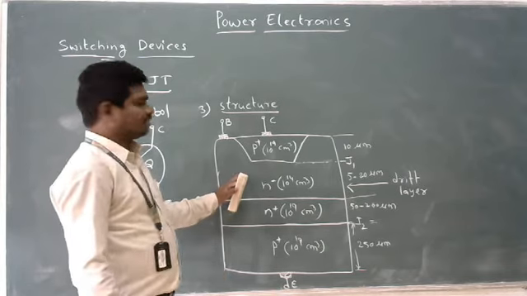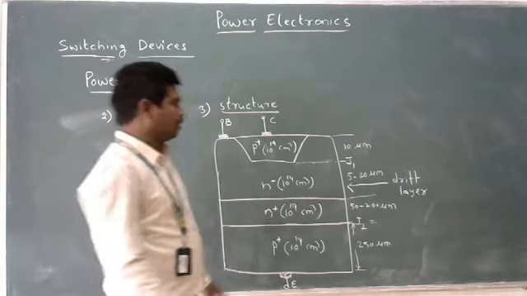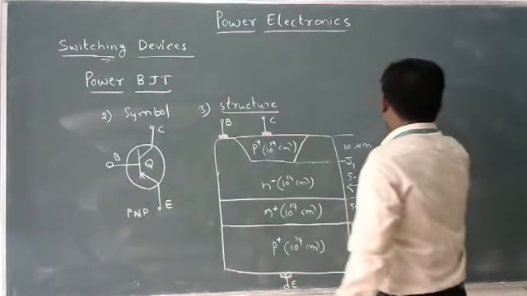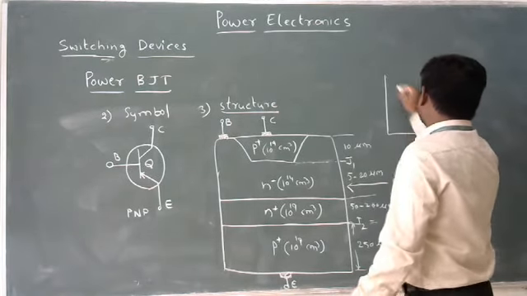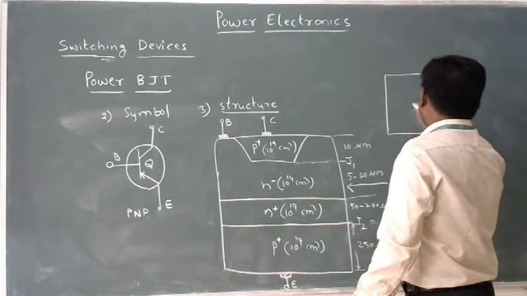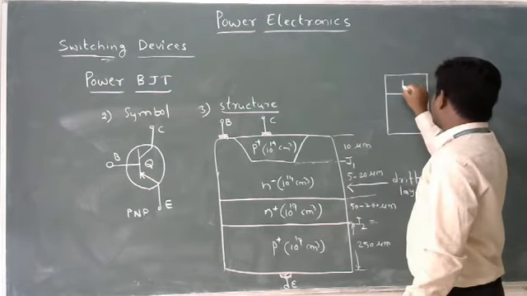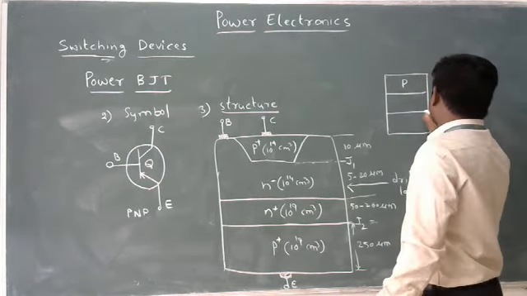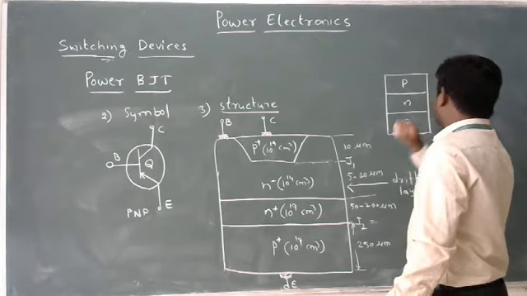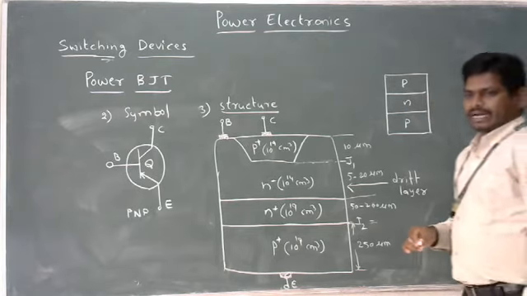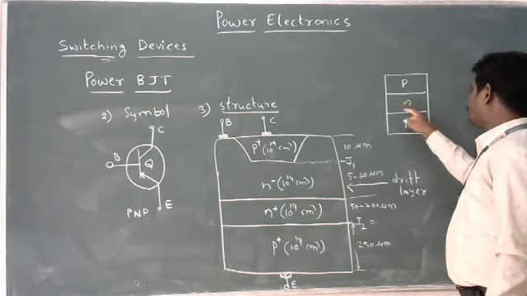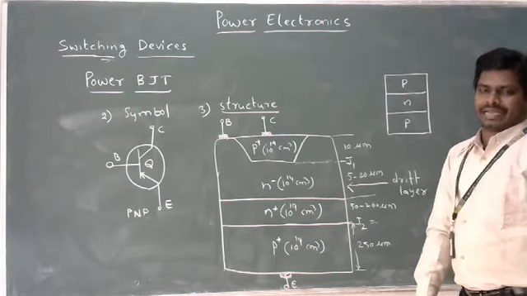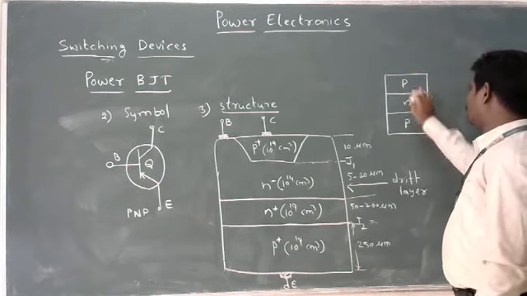When you compare this power BJT structure with the normal BJT, this is the normal BJT: P type, N type, and P type. Here also the doping level of the N material base is very low compared to these two.